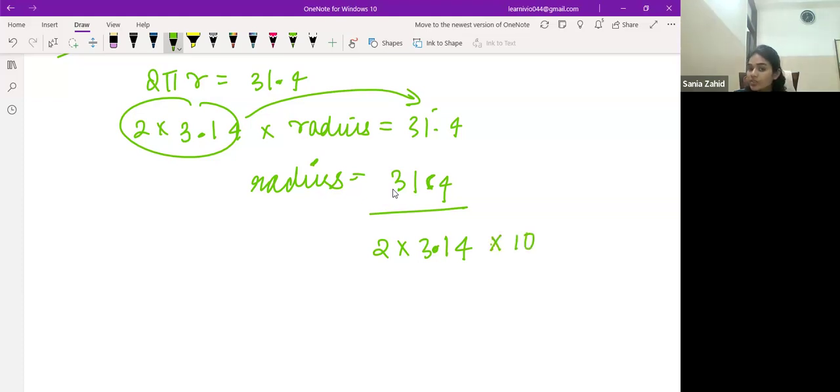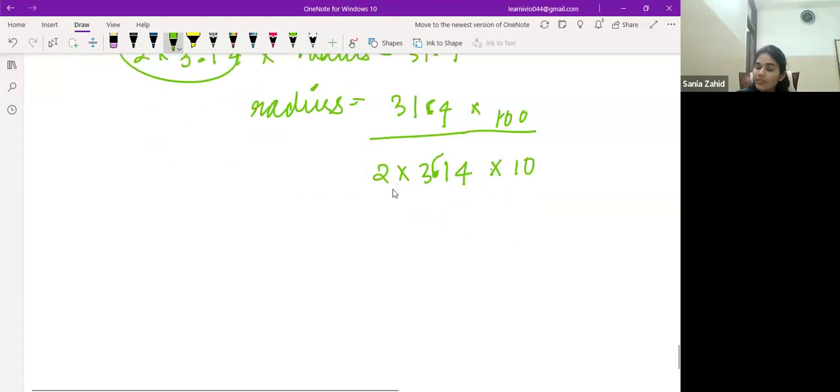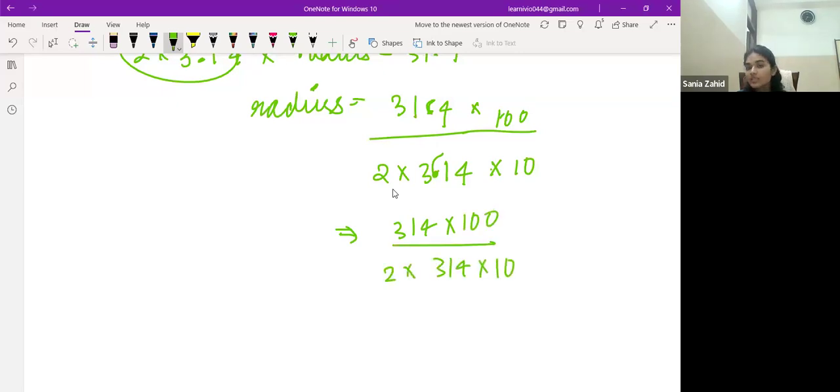And now if I remove these two decimals, how many zeros should I put in the numerator? 2. So 100 I will multiply with. So now I don't have any decimal. I have 314 into 100 divided by 2 into 314 into 10. Is this step clear?